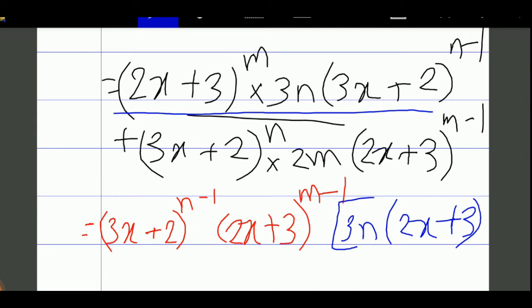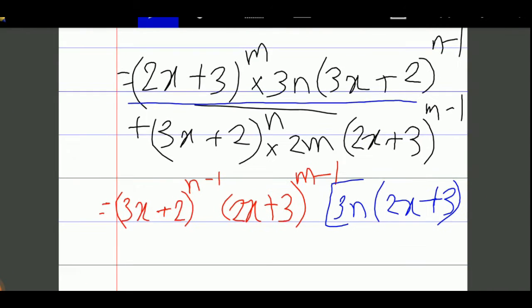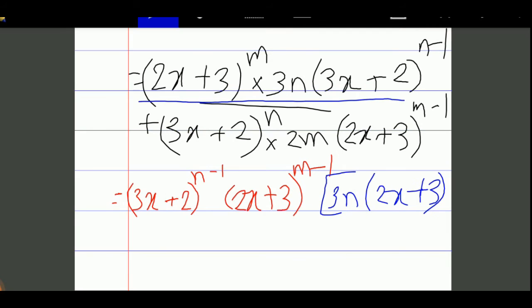I hope you know the power concept. I am not going to explain that. Okay, still I am going to explain this. The power term becomes m minus (m - 1).